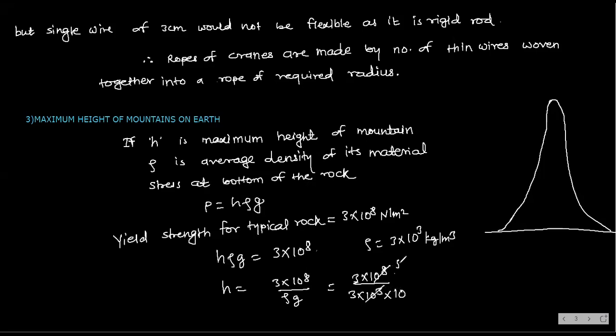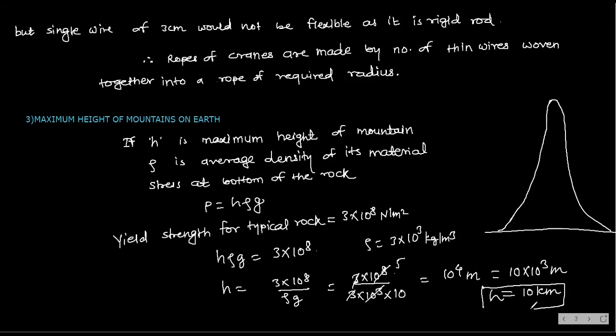This 3 and this 3 will get cancelled. So this is equal to 10 power 4 meter, which is 10 into 10 to the power 3 meter, and that is nothing but 10 kilometer.